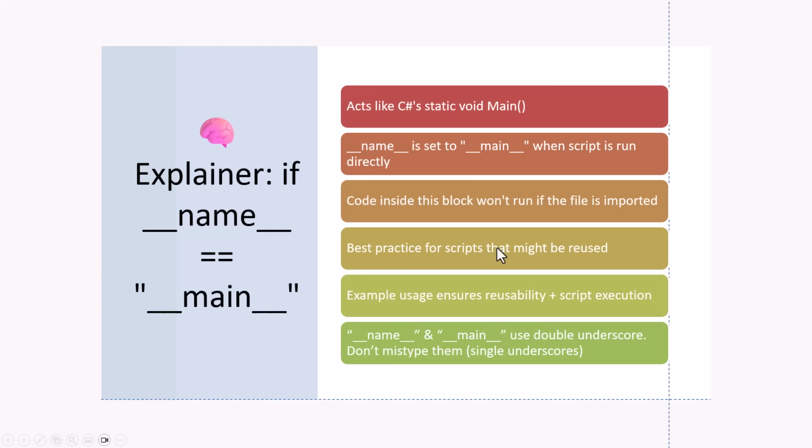But otherwise, if it is not imported, this block will run. Best practice for a script that might be reused. Example usage ensures reusability plus script execution. Okay, so here I have written this warning: use double underscores, don't mistype them as single underscores.